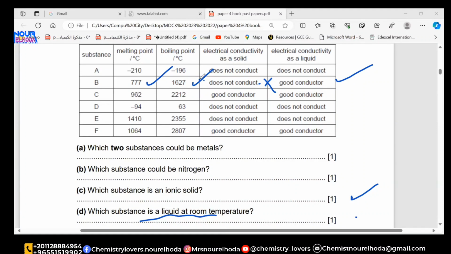High melting point and... I will tell you, when I say this substance is liquid, this means it has a high boiling point, that's true, and a low melting point. Yes, correct, bravo. So which letter am I going to choose? D. Correct, bravo. D has a low melting point and high boiling point, that's true.